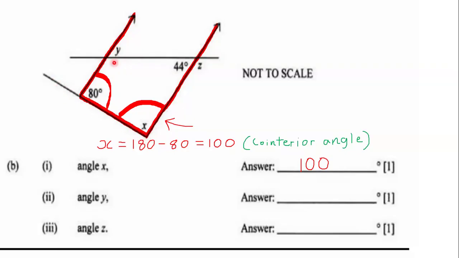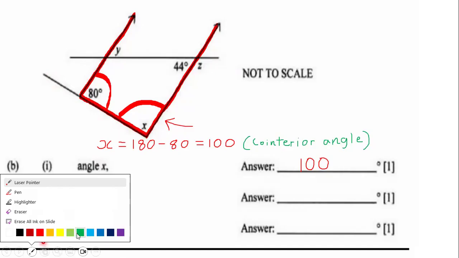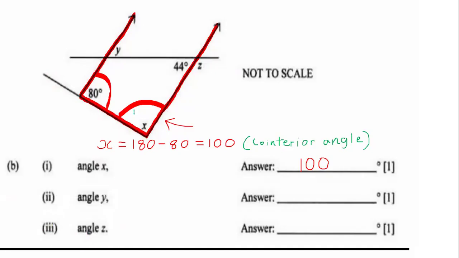So the only way it works is if you have two parallel lines and a transversal cutting them, just like this transversal right now, which cuts the two parallel lines. So we have x is equal to 100 degrees. X is 100. Good.